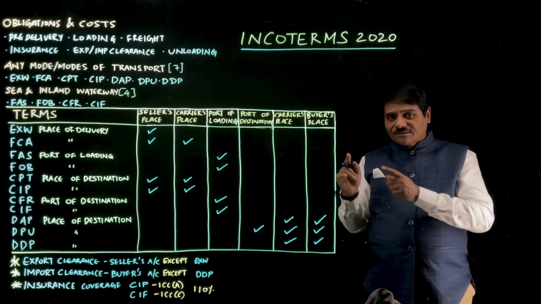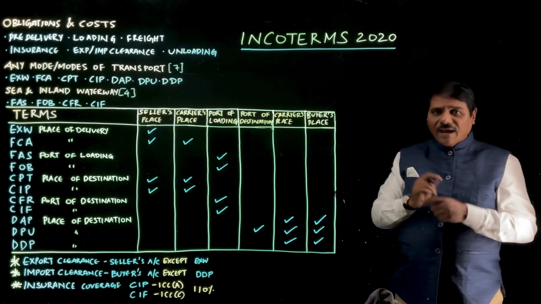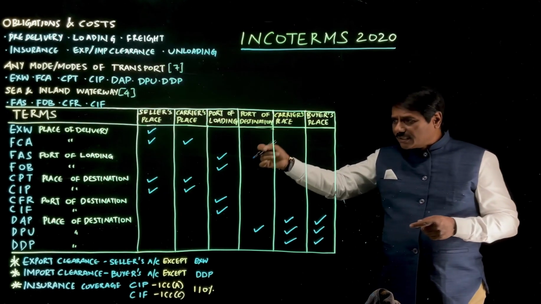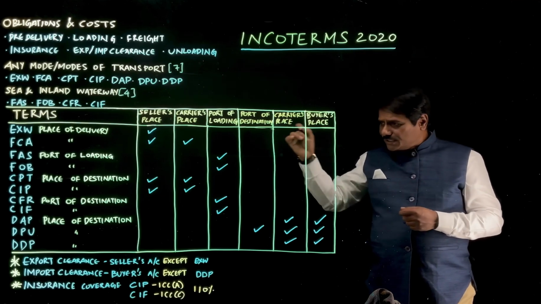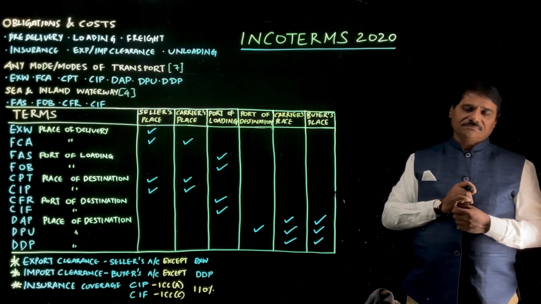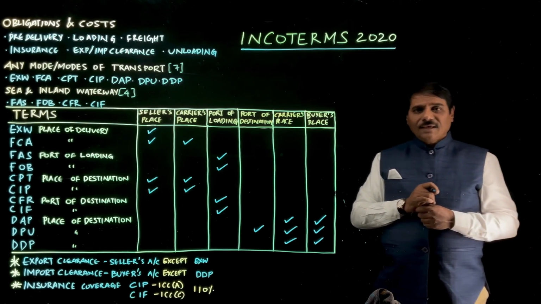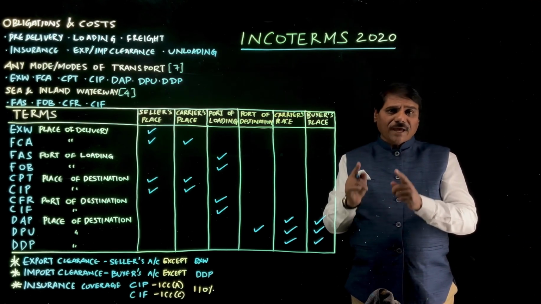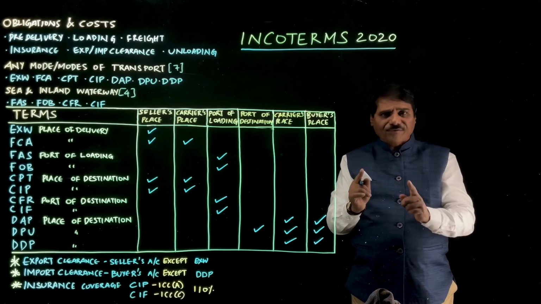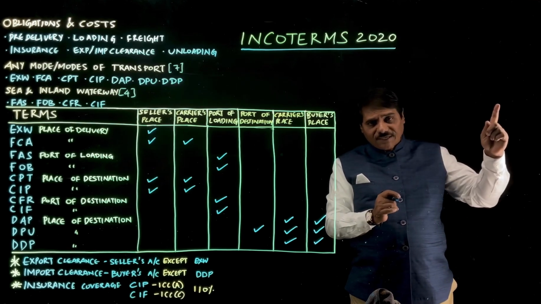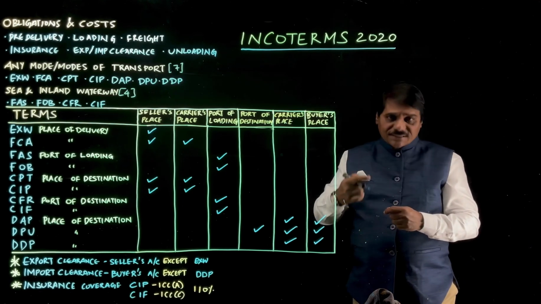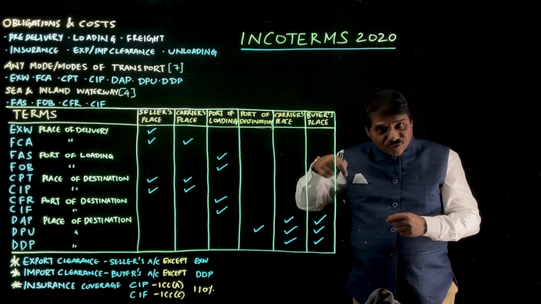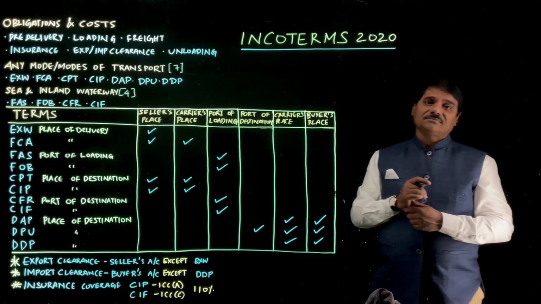But whereas in case of CPT, and not only CPT, other terms like CIP, CFR, CIF, all these four terms under C, the seller is responsible to arrange the transportation and pay the freight charges up to the destination, but the seller's risk is passing to the buyer in his own country, that is the seller's country.